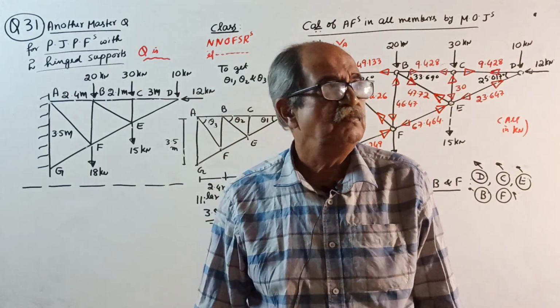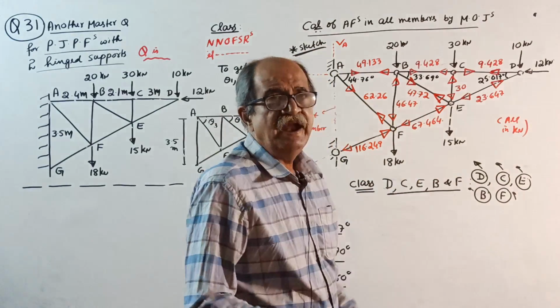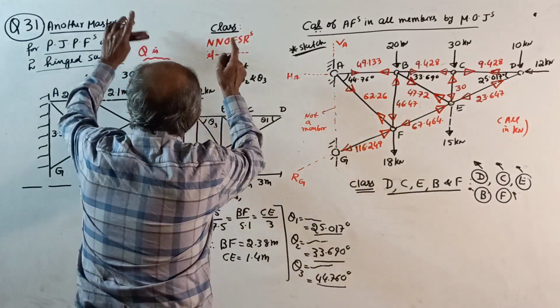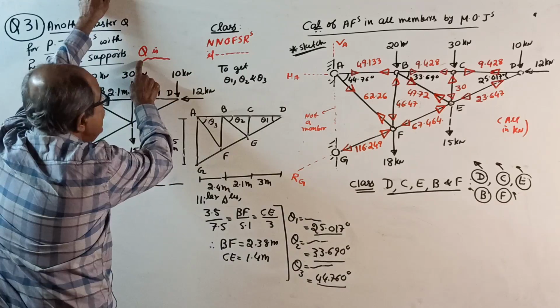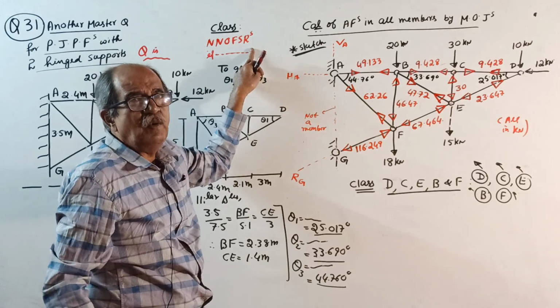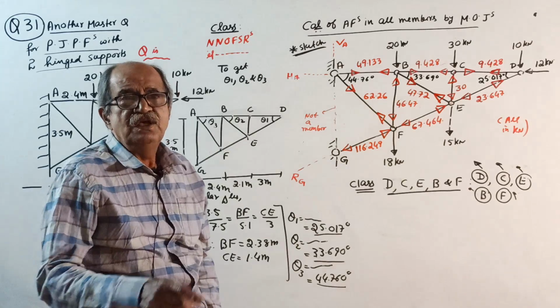Now axial forces are all calculated. What I tell you, you should write. As per the question, I told you the question is to find axial forces in all members. I told reactions are not required. Now make a note.